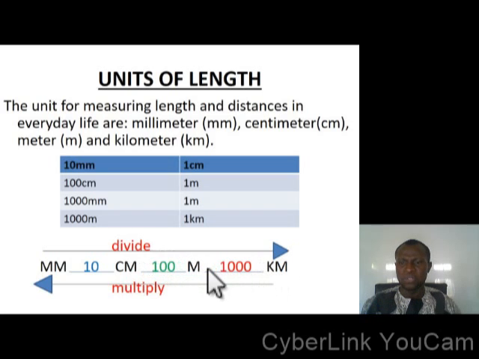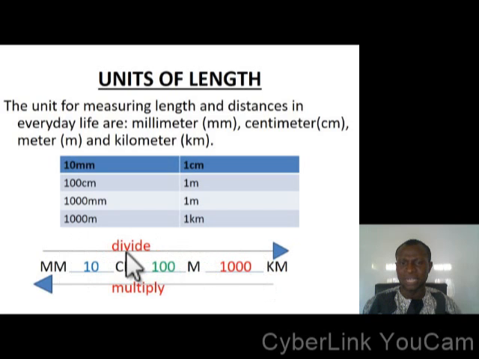Now, how do we make use of this in converting from one unit to another? Looking at this particular arrow that points towards the right hand side, it means that you are converting from millimeter to centimeter, or from centimeter to meters, or from meters to kilometers, or even from millimeter all the way to meters, or even from millimeter all the way to kilometer.